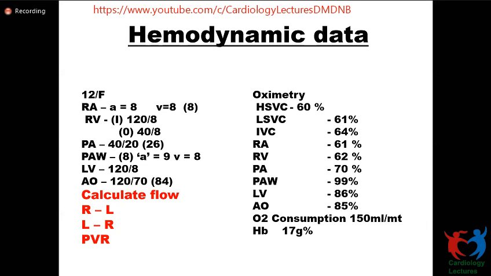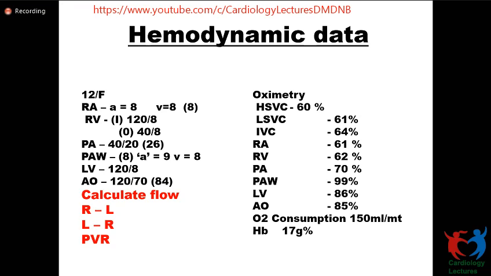All those things should be looked into. Yes, sir. The formula for pulmonary vascular resistance is mean pulmonary artery pressure minus pulmonary capillary wedge pressure divided by pulmonary flow. That's right. It is the mean pulmonary artery pressure minus left atrial pressure, and when the left atrial pressure is given, you should take the left atrial pressure.